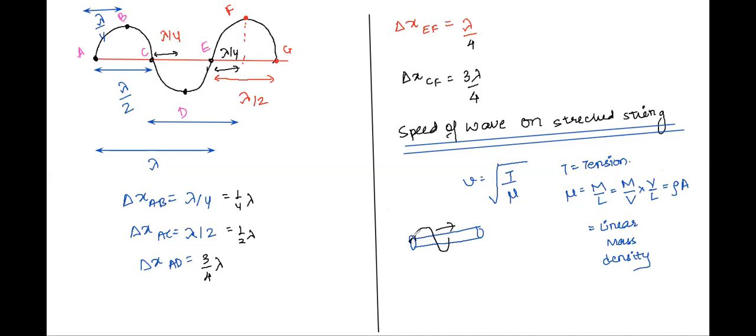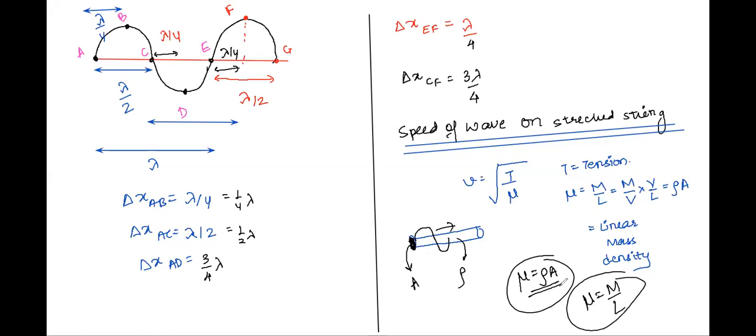If this cross section area is A, and the density of the material is rho, then the mass density mu can also be written as rho times A. And this mu is also given as mass per unit length, right? Atul, are we clear? Yes, sir.